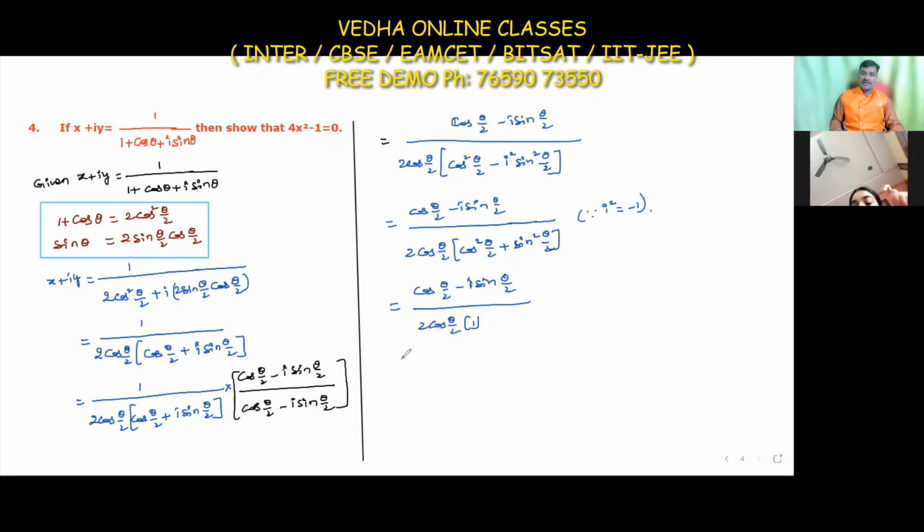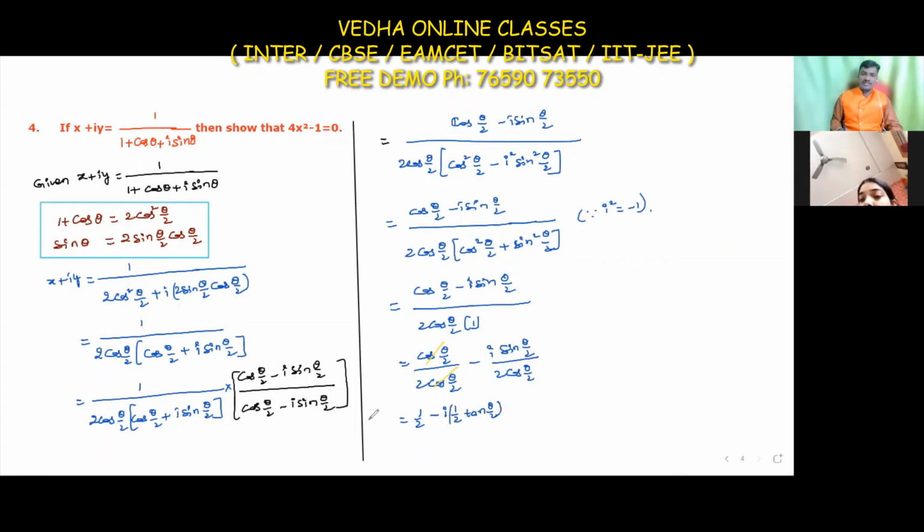Now separate the denominator: cos theta by 2 divided by 2 cos theta by 2, minus i into sin theta by 2 divided by 2 cos theta by 2. Cos cancels cos, so we get 1 by 2 minus i into 1 by 2 tan theta by 2.